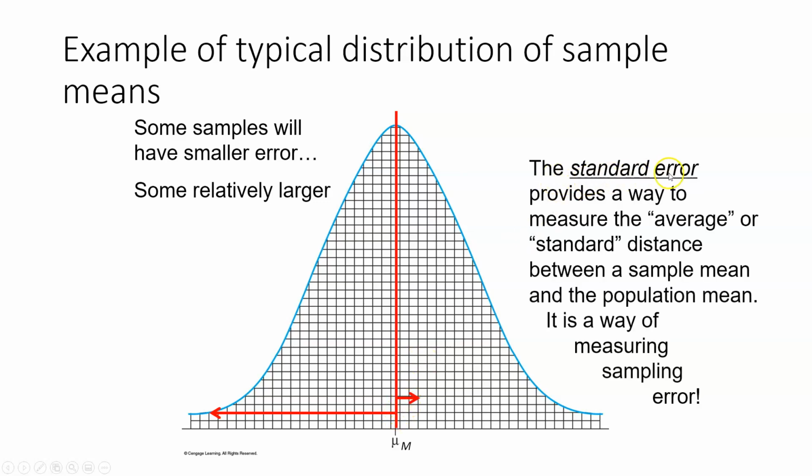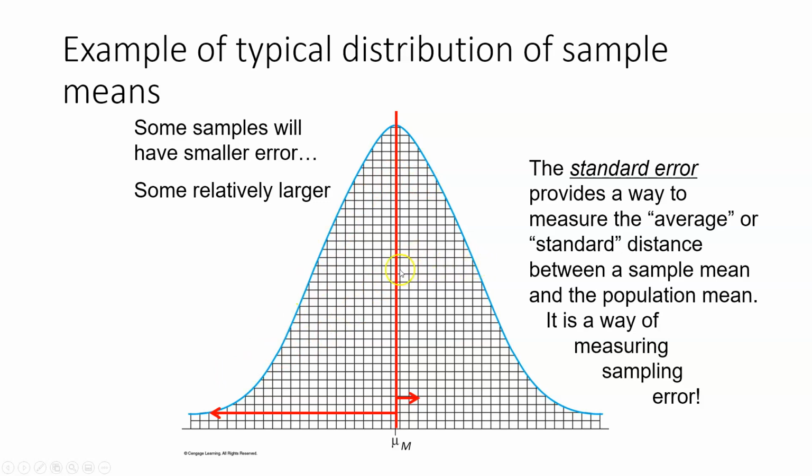The standard error provides a way of measuring the average or standard distance between a sample mean and the population mean. It's a typical distance. This standard error, remember, is reflected as the standard deviation of this sampling distribution.